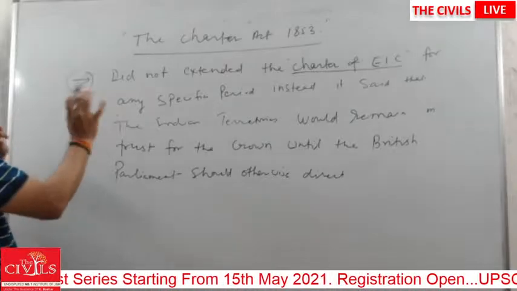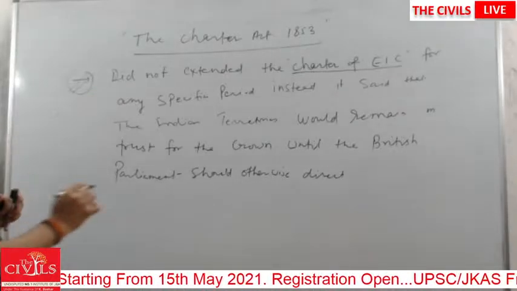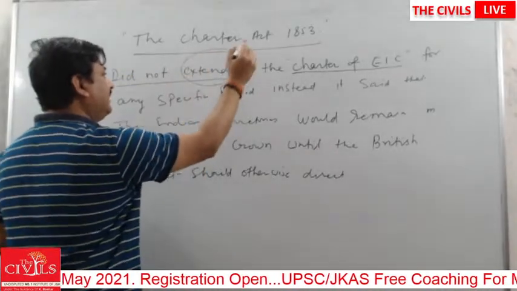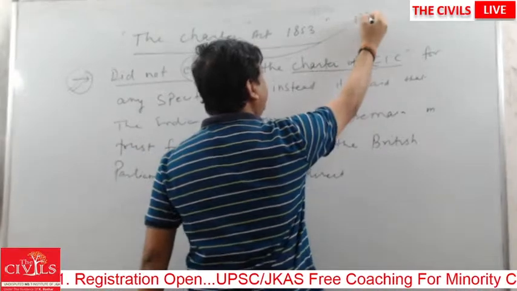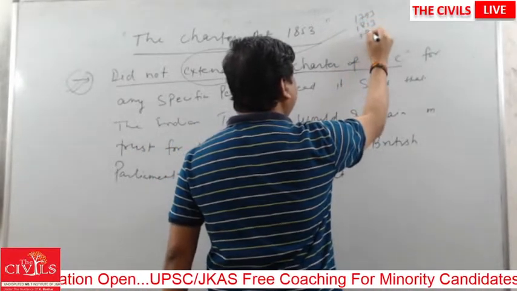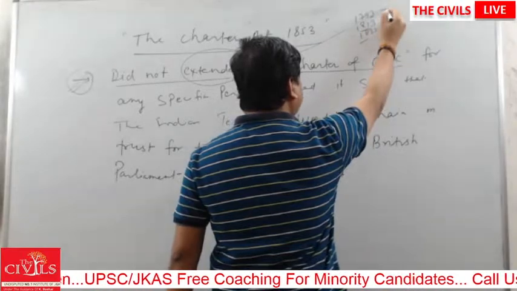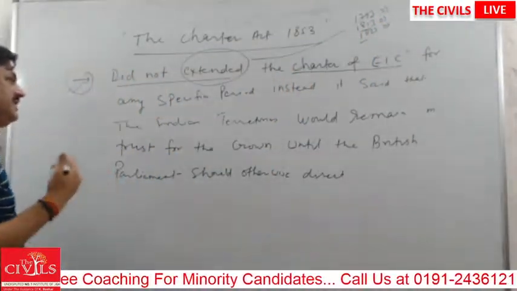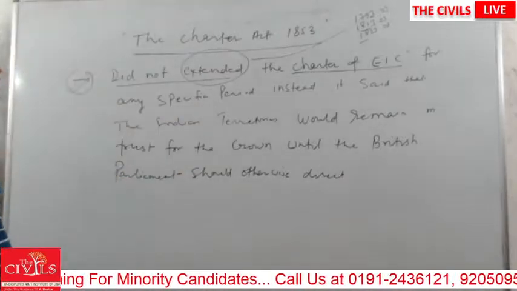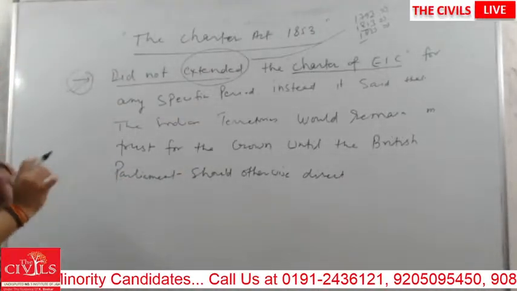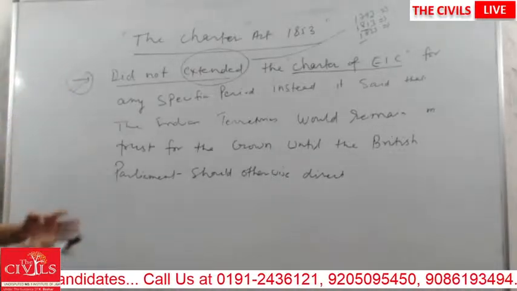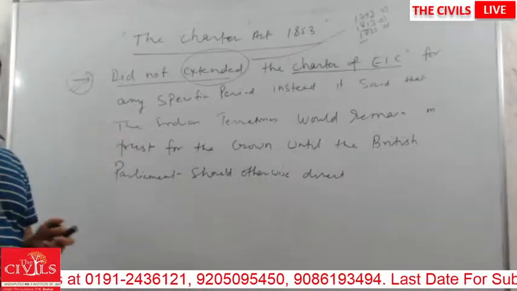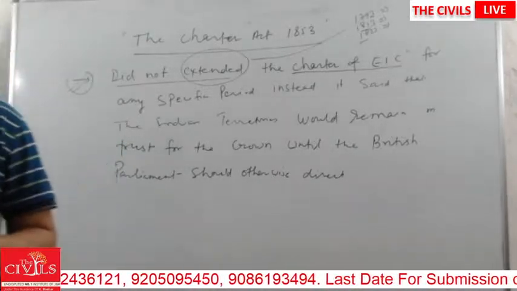The first provision was that this Charter Act did not extend the charter, because in the Charter Acts of 1793, 1813 and 1833 there was a provision of extension of the charter of East India Company for the next 20 years. But this act ended that provision and did not extend the privileges the company had.